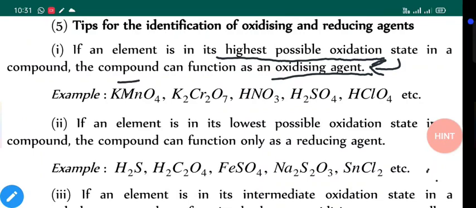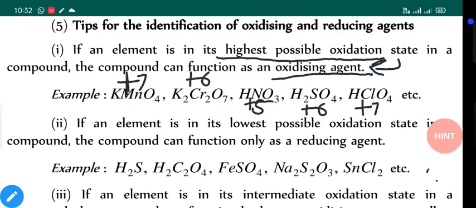For example, in KMnO4, Mn contains +7 oxidation state, K2Cr2O7 has +6 for Cr, HNO3 contains +5 for nitrogen, H2SO4 contains +6 for sulfur, and HClO4 contains +7 for chlorine. So all the possible electrons are already removed, so there is no possibility to lose electrons. These elements can only accept electrons, and that's why they can act as oxidizing agents.